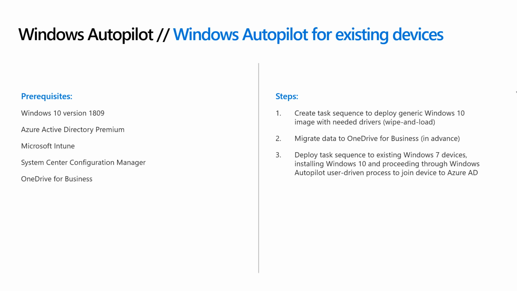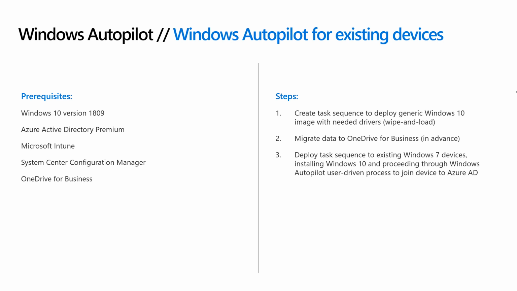And also, we want to use Autopilot, because if we do not use Autopilot, we cannot use this reset scenario. We cannot go to settings and say, hey, I want to reset this device and give it to another user. So we need to install the OneDrive client on our Windows 7 computer.